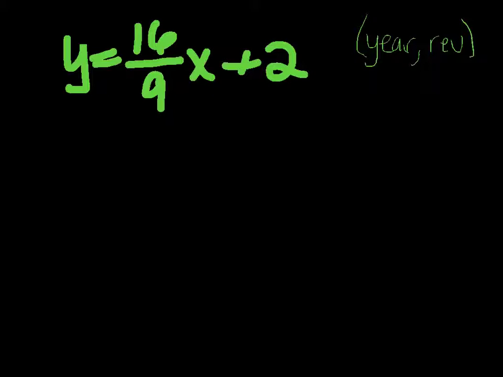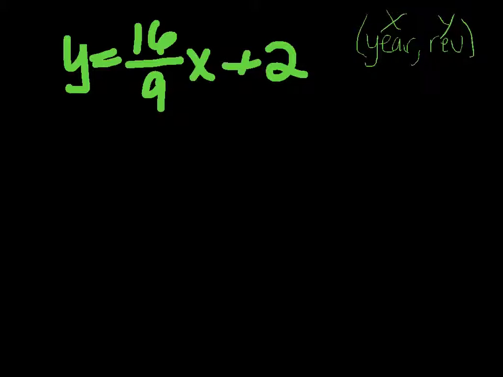All right, the last thing we can do with the equation, so this was the equation from the last slide, y equals 16 over 9x plus 2, is we can project based on our trend line what's going to happen in the future, or like what's happening in between the years. So remember our x value was the year and revenue was our y value.